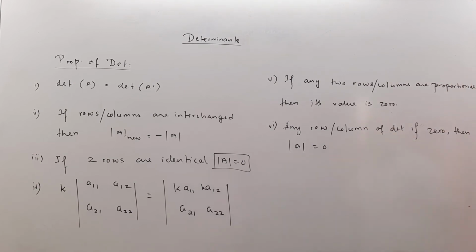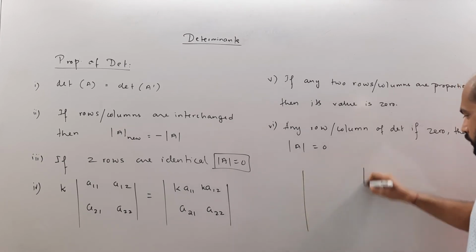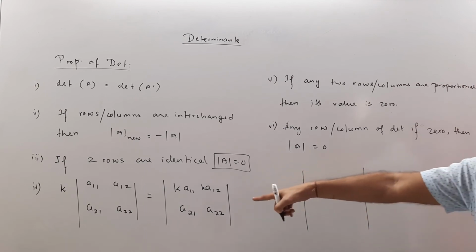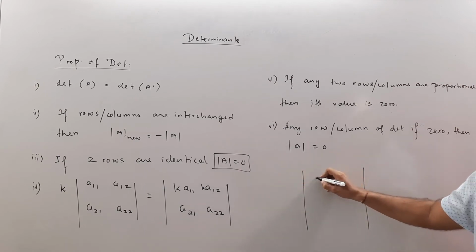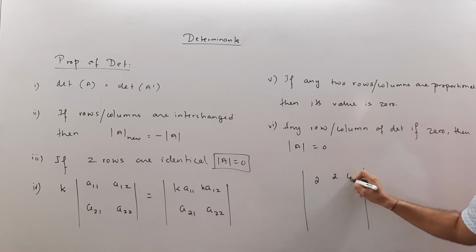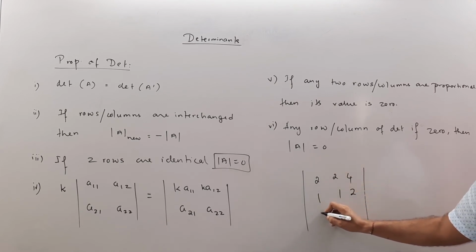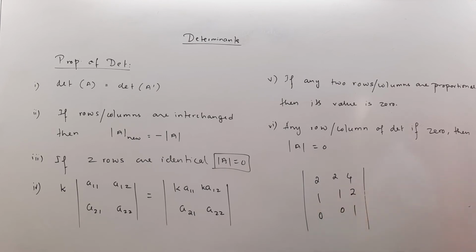It says that if any two rows or columns are proportional, then its value again is 0. Why? Because the answer lies in this property. Let's say we have 2, 2, 4, 1, 1, 2 and 0, 5, 1.